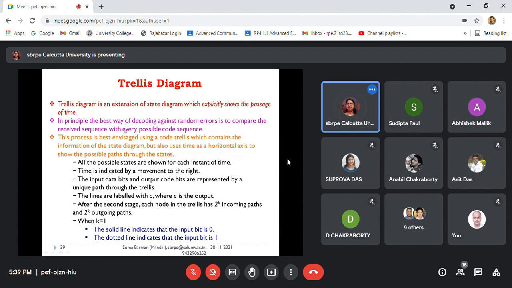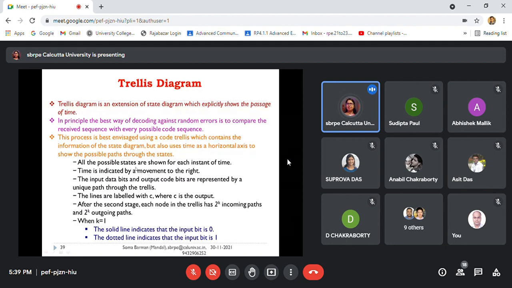The principle is that the best way of decoding against random error is to compare the received sequence with every possible code sequence. This process is best envisaged using a code trellis, which contains the information of the state diagram but also uses time as a horizontal axis to show the possible paths through the states.